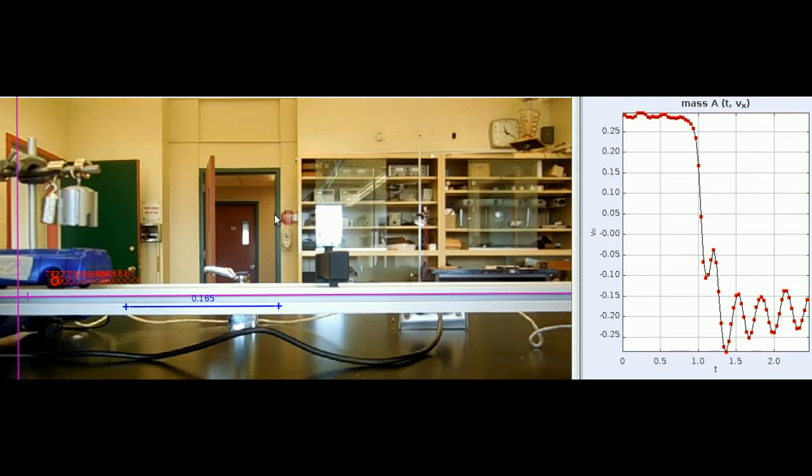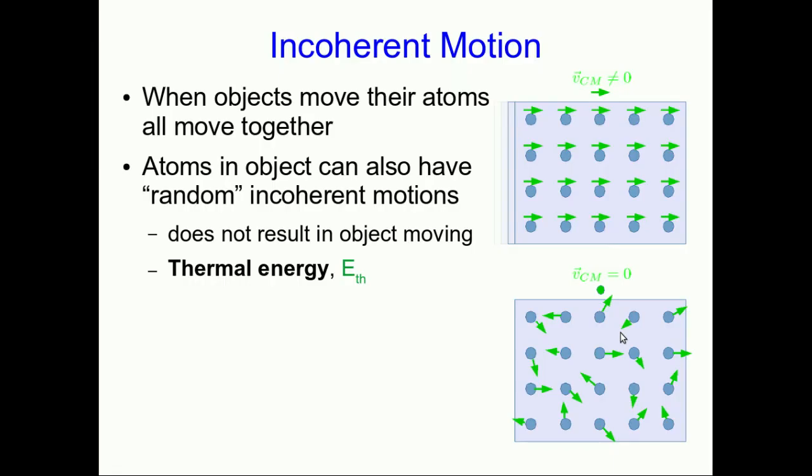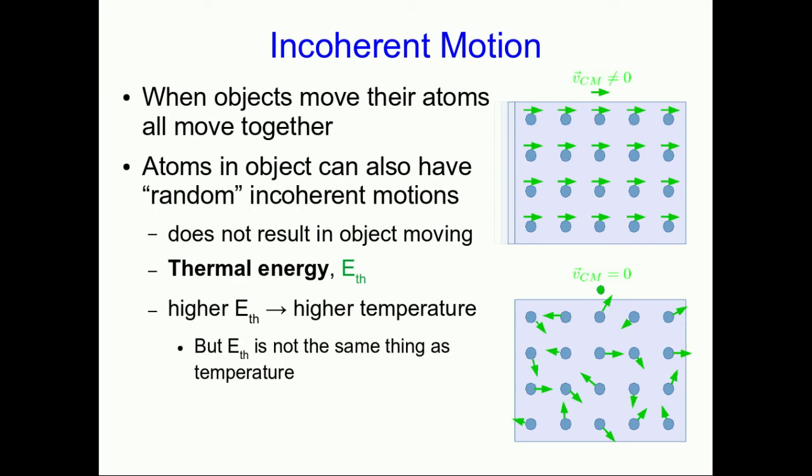The incoherent motions of atoms in an object are responsible for the object's thermal energy, which is another kind of internal energy, but it's not a potential energy because you can't easily convert it back into kinetic energy. Objects with high thermal energy have high temperature, but be careful, thermal energy is not the same thing as temperature.